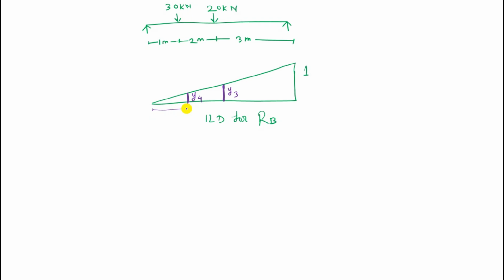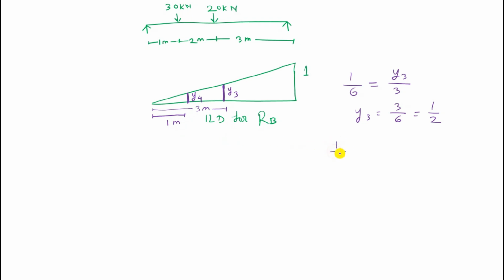Now this distance is 3 meter. So 1 by 6, 6 is total distance, 1 by 6 equals y3 by 3. So y3 equals 3 by 6, that is 1 by 2, and this distance is 1 meter.